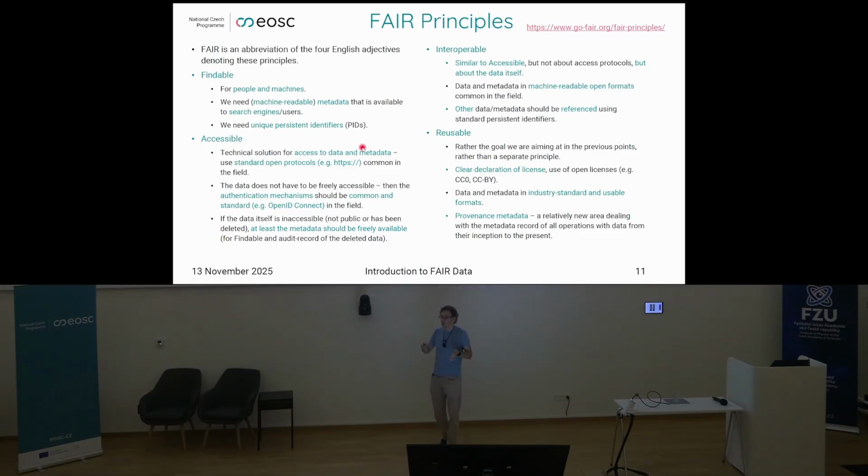Currently, for example, the HTTPS protocol that's used by current common web browsers. It's an example of this technology. Use HTTPS or maybe the S3 protocol for big data sets, and that's more or less it.